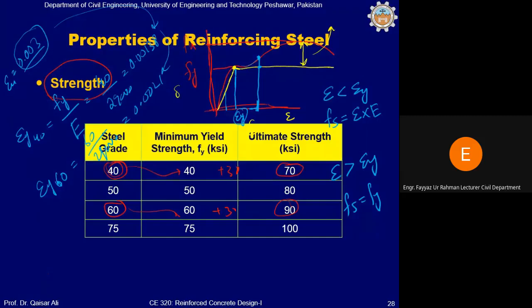So the stress in reinforcing bar can be calculated directly from Hooke's law. That is strain multiplied by the elastic modulus.